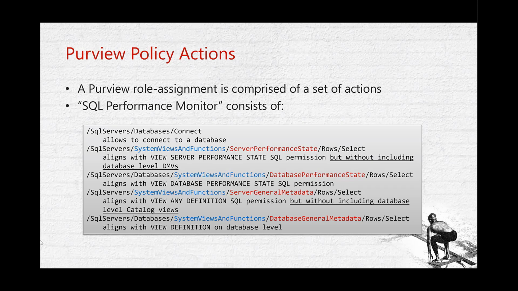However, for practical purposes, I came up with this system of defining a so-called system views and function action string that merges all system views and also functions, because both of these types of objects are selected using the word select. And the second part of the string in red is basically the group of system views and functions under that. So there are performance-related system views and functions. On the opposite, there could also be security-related ones.